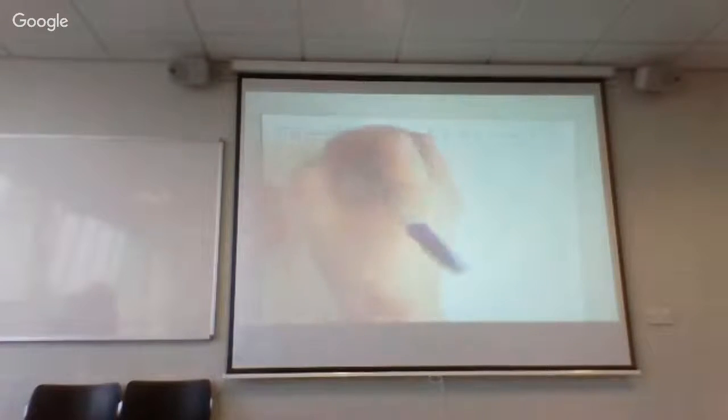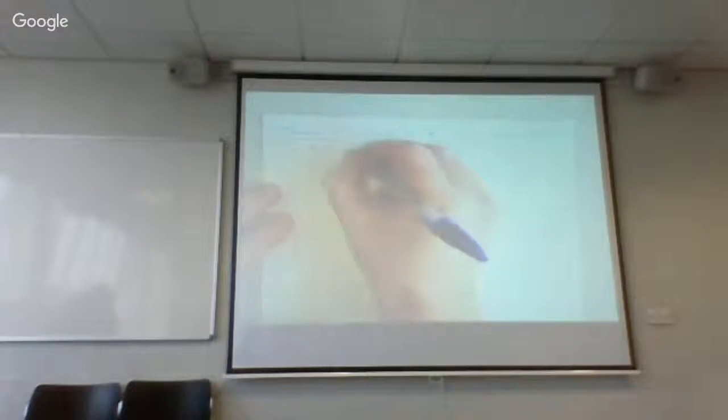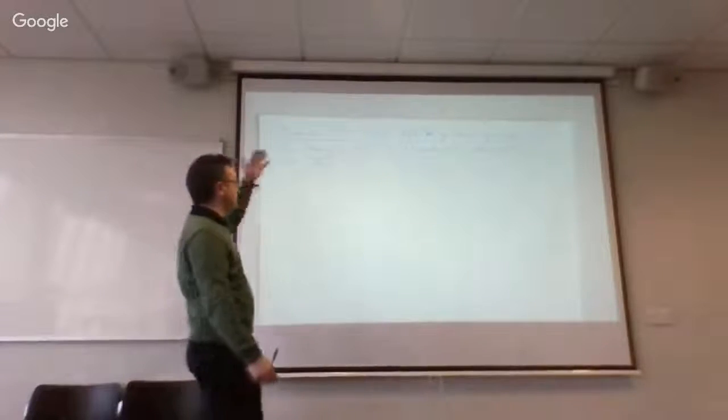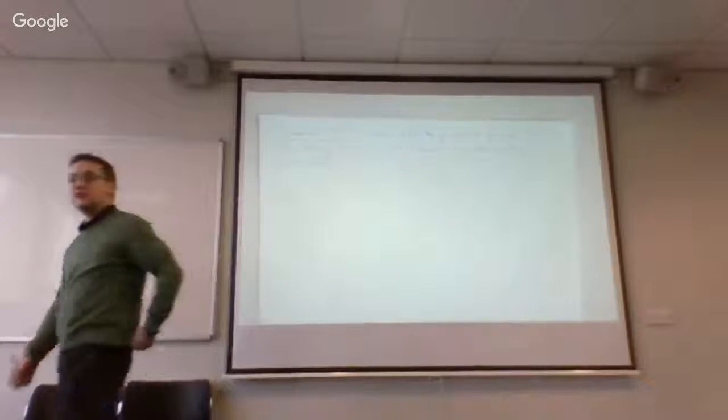And so this theorem says there are P minus 1 non-zero elements in ZP, the multiplicative group of congruence classes modulo P. There are P minus 1 elements there.